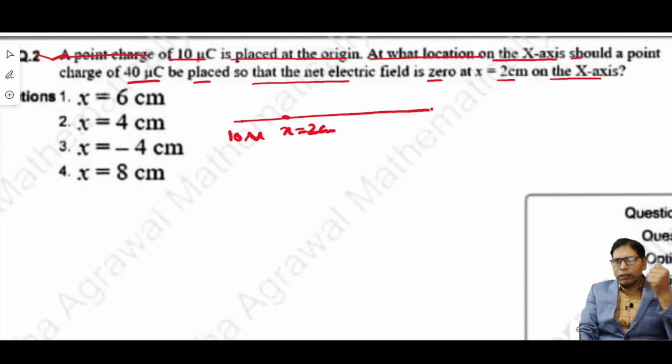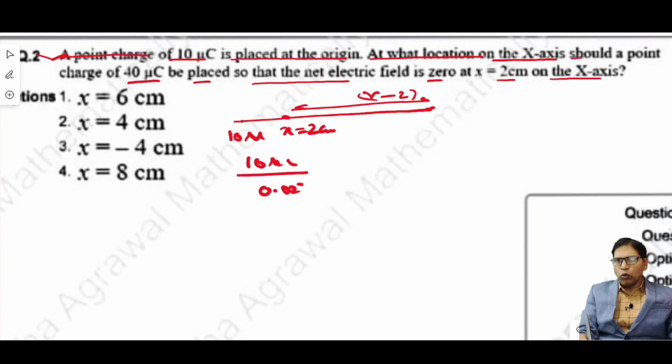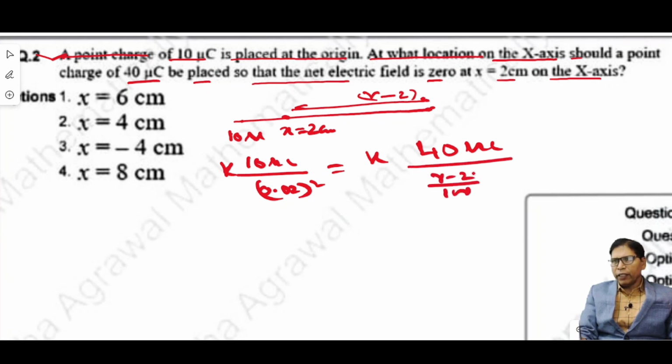Suppose another charge is placed at a distance r from the origin. So the distance from this is r minus 2. As the electric field at this point is 0, we have k into 10 microcoulomb divided by 0.02 whole square equals k into 40 microcoulomb divided by (r minus 2 divided by 100) whole square.